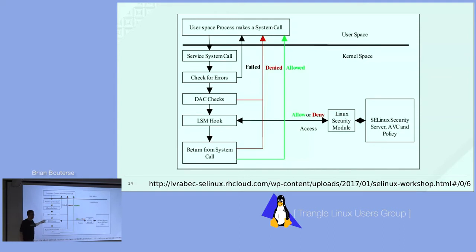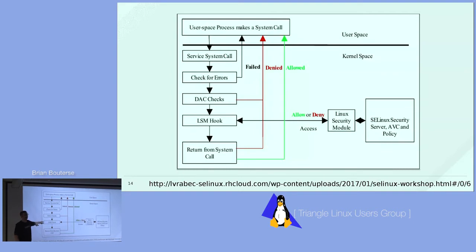So this is the new part that came with the SELinux introduction into the kernel. When you load the kernel module, it's this LSM module, which is the Linux Security Module, a very generic name. But this is the code base in the kernel that provides SELinux enforcement.